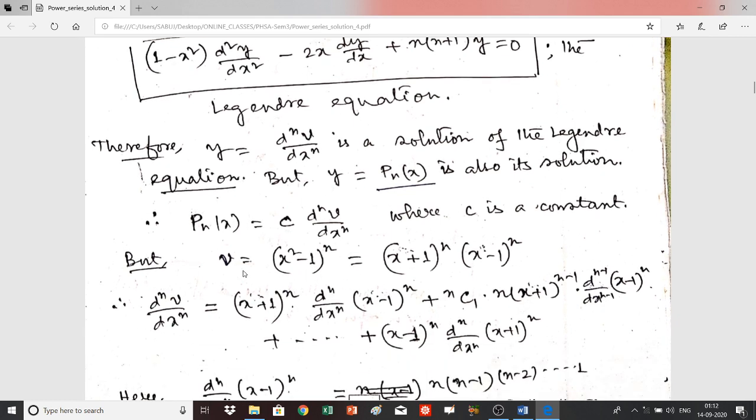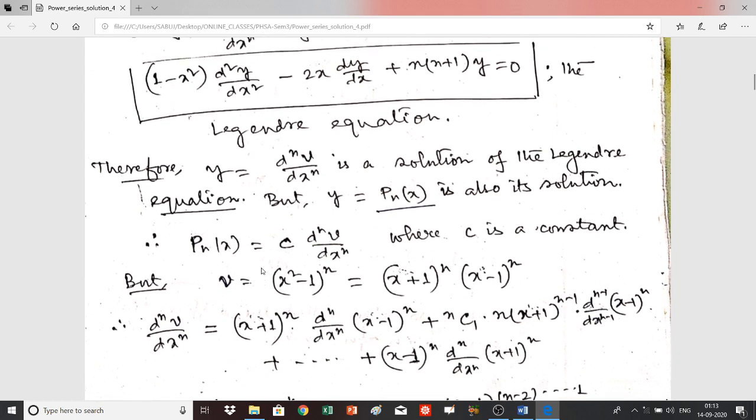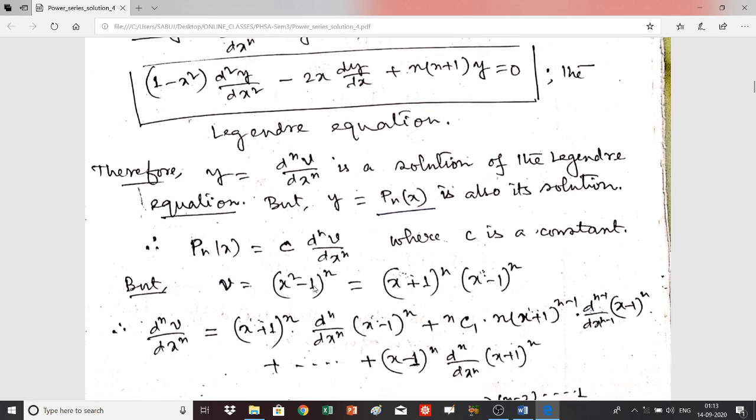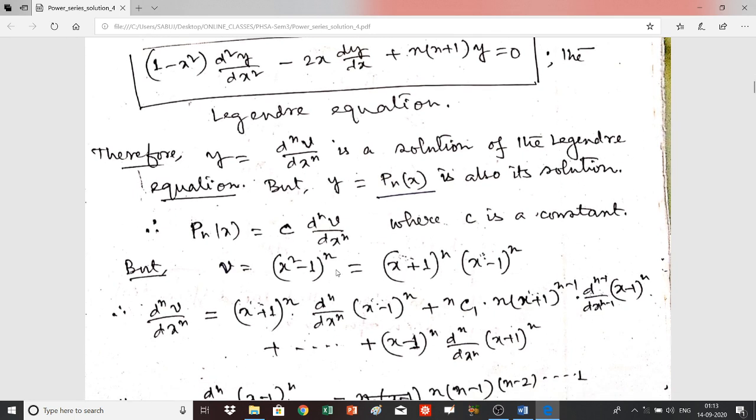Now you know that you have taken v is equal to (x squared minus 1) to the power n, and it can be written as (x plus 1) to the power n into (x minus 1) to the power n. If you differentiate this term n times with respect to x, then you will have d^n v by dx^n equal to, for the first term, taking x plus 1 as constant, (x plus 1)^n d^n by dx^n of (x minus 1)^n.